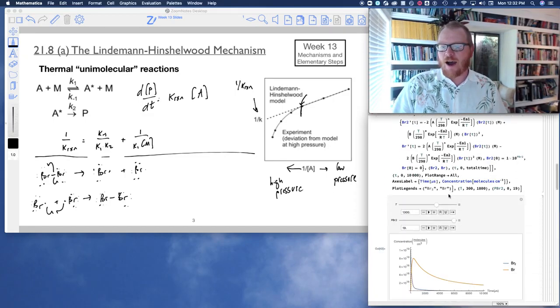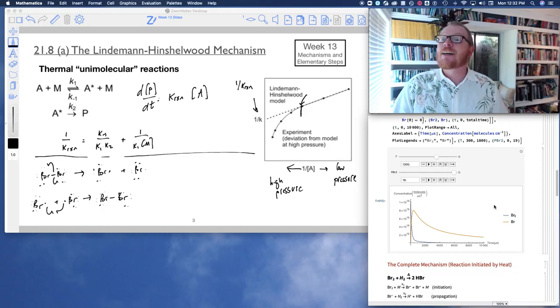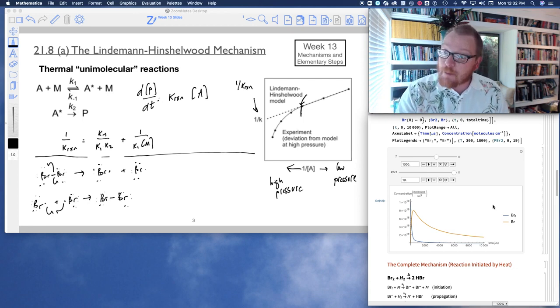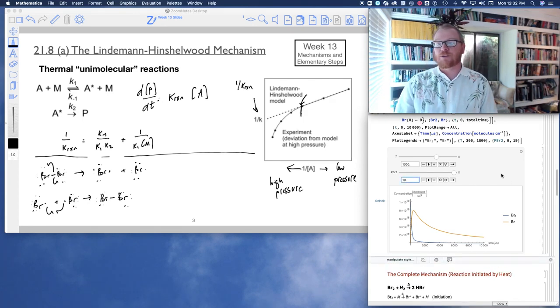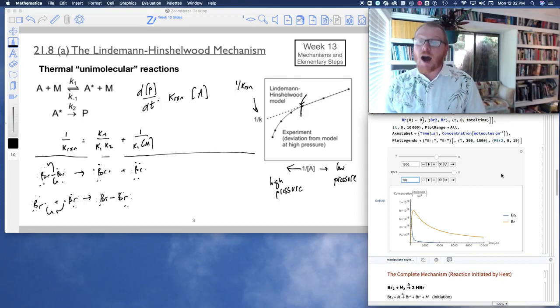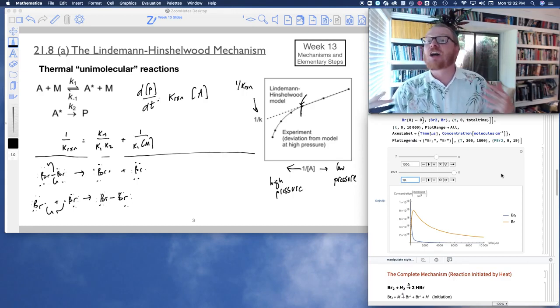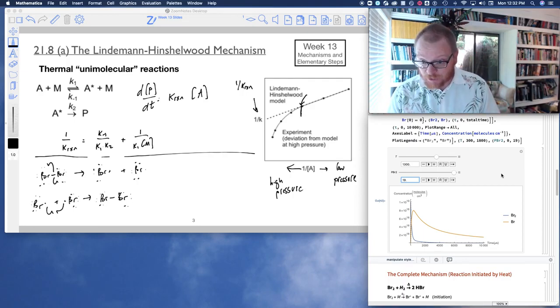But now, for the same conditions, this is the same temperature and the same pressure. I've got 10 to the 19 molecules per cubic centimeter of Br2, but I also have 10 to the 19 molecules of an unreactive collisional partner.